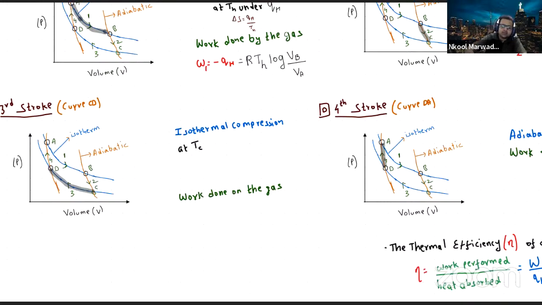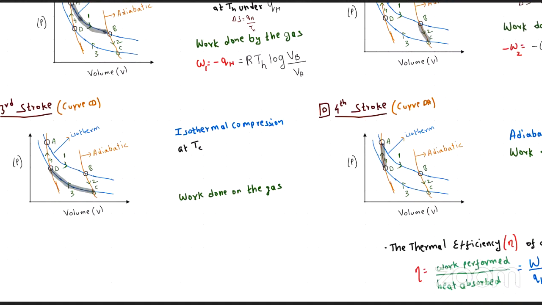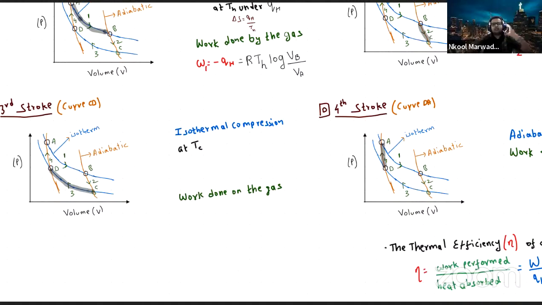Because when the gas particles are placed in contact with the cold sink, their energy will be sucked by the cold sink, and hence the particles will lose kinetic energy and come close to each other, and hence a compression will be taking place in the third stroke. And this will keep on taking place.